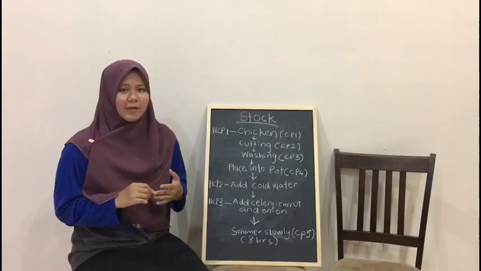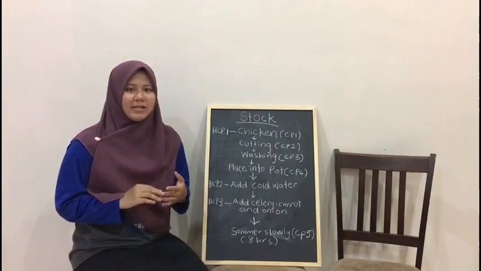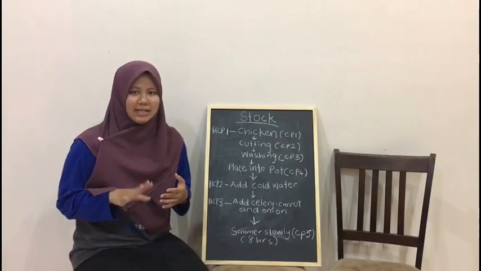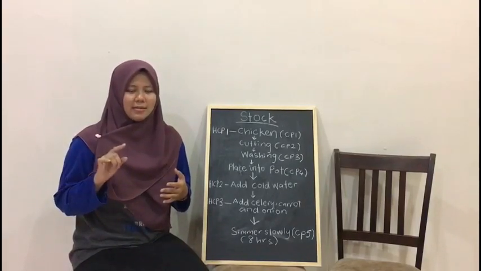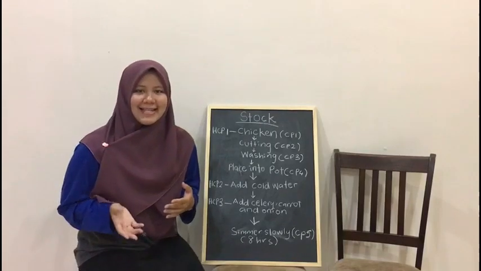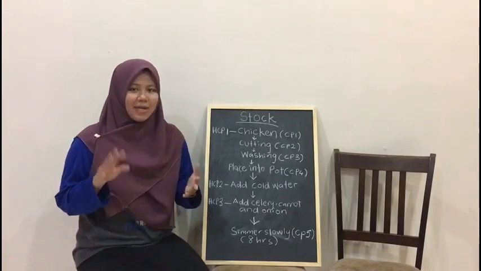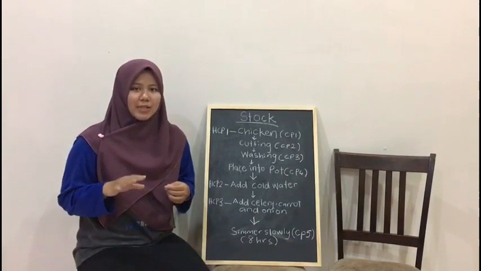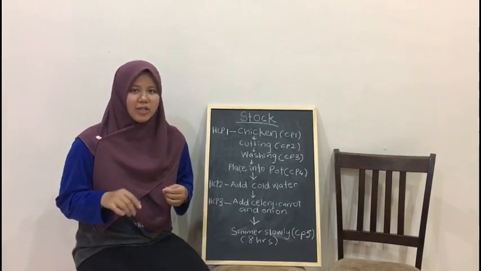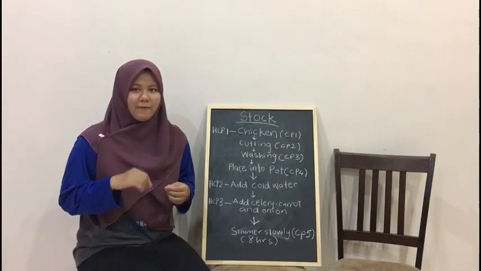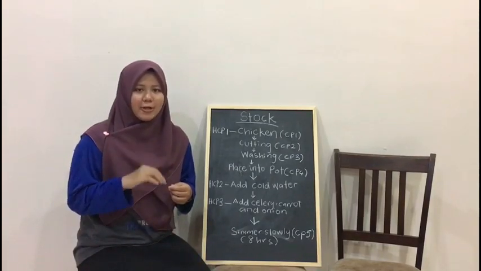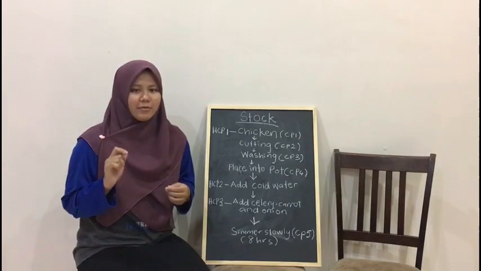And lastly, for CP5, the simmering temperature is between 85 degrees Celsius to 96 degrees Celsius, or just below the boiling point. During this simmer process, we use a slow simmering technique, which is low heat with very little activity in the pot. The process requires careful monitoring.